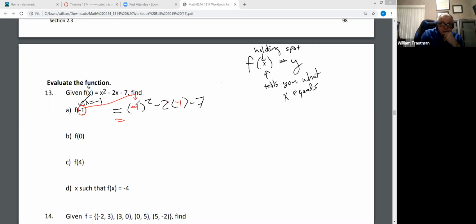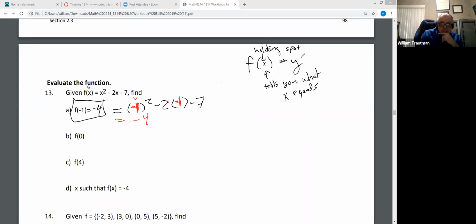That's a -1. When you plug that into the calculator, you get -4. I hope. So in other words, when x is -1, y is -4.